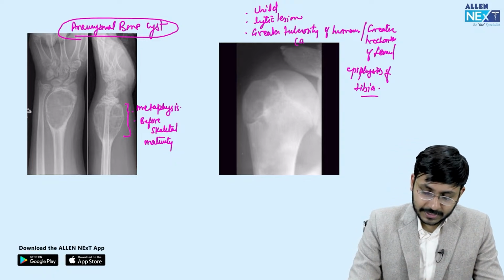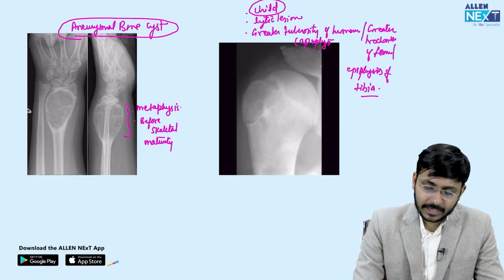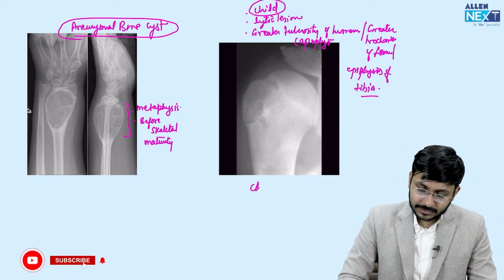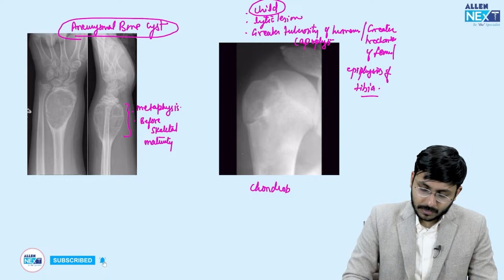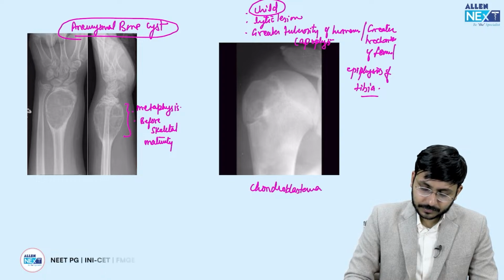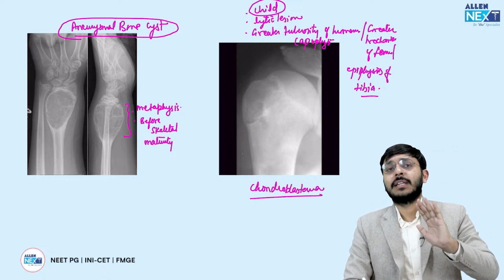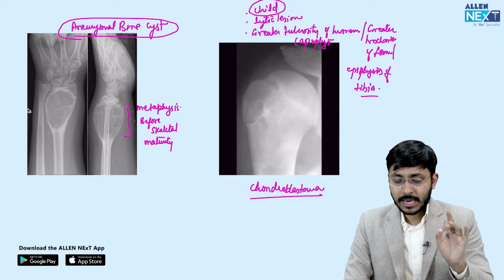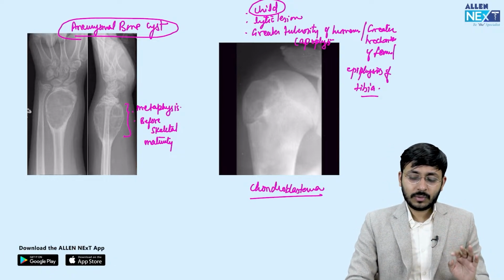These tuberosities and trochanters are the apophysis, and the buzzword being a child. So remember, this will be a chondroblastoma. If a child has an epiphyseal lytic lesion, then chondroblastoma; if an adult has an epiphyseal lytic lesion, then giant cell tumor.